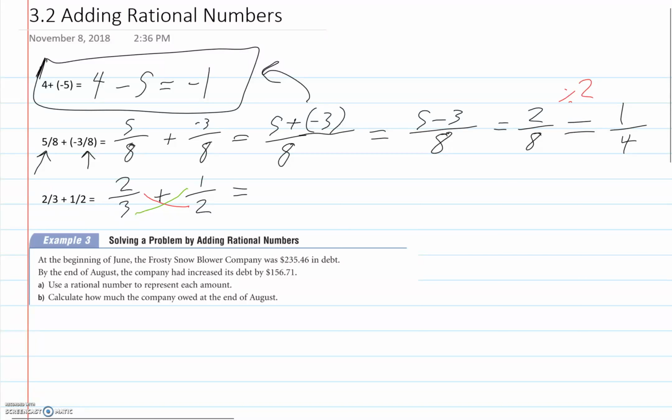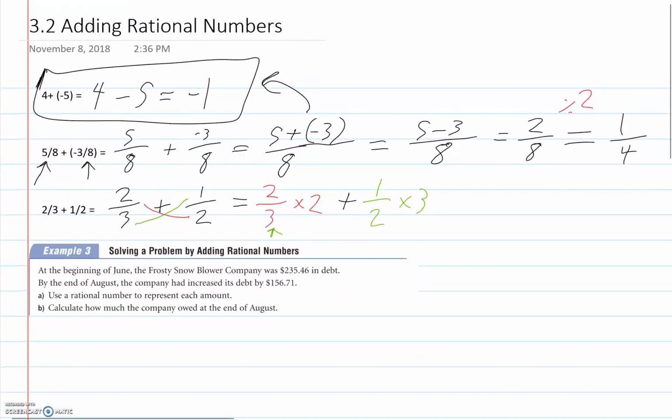So when I do that, I'll have 2 over 3 times 2 plus 1/2 times 3. The 3 came from right over here, and the 2 came from right over here. Hopefully that's clear.